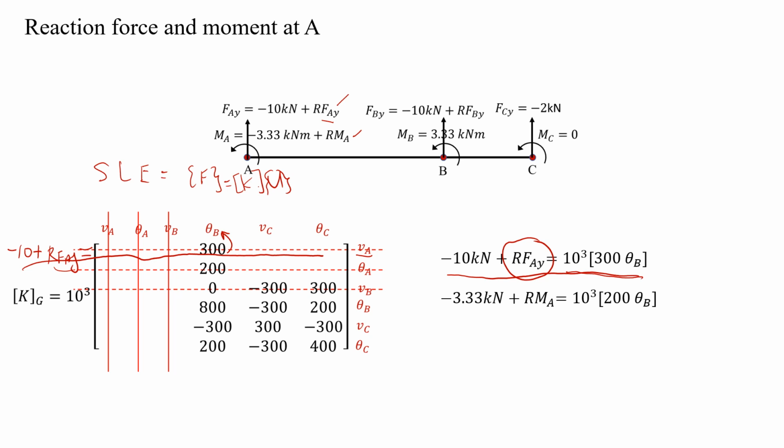Now for the moment, we have to refer to the row for theta A. In theta A, remember on the F side, from the free body diagram here, we have negative 3.33 plus RMA equal to, on the right side, 200 times theta B. So that's why we have obtained this equation, so that we only have one unknown here.